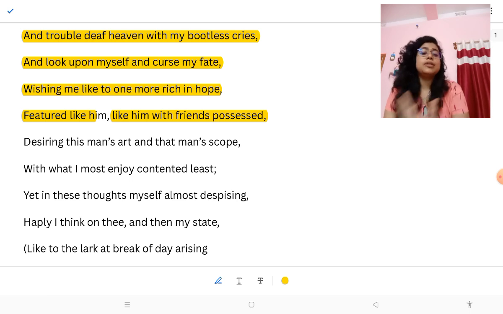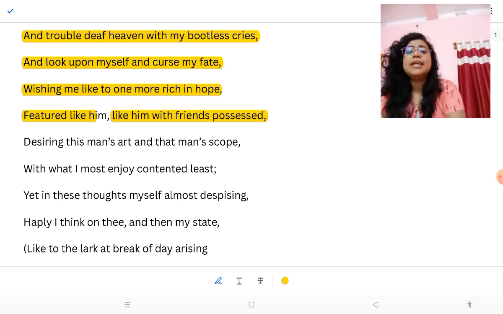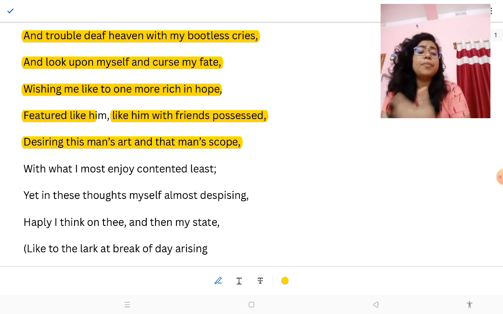And we are always comparing ourselves with others, with friends. Here also the poet is comparing himself with others, with his friends, with the opportunities which his friends have but he doesn't have, desiring this man's art and that man's scope. So he's saying that I am desiring other men's scope, other men's art, how this man had the capability, the skill which I don't have.